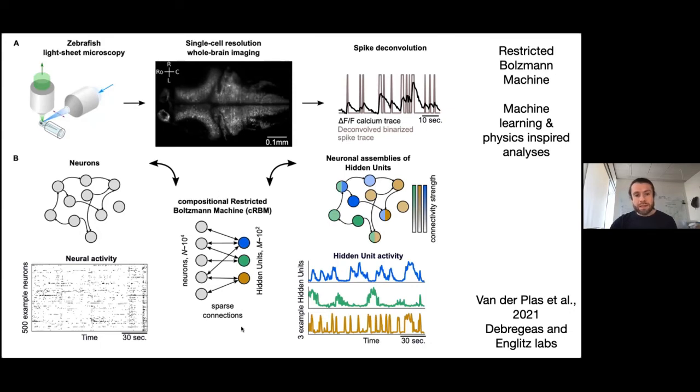We can look at the structure of the models that arise from these fits, the temporal traces that are associated with the hidden units that were fit, and then also map it back to space as you saw before as well.